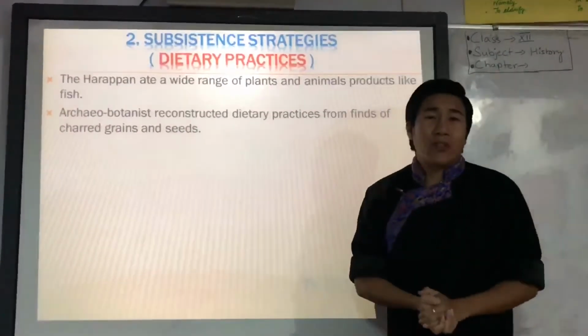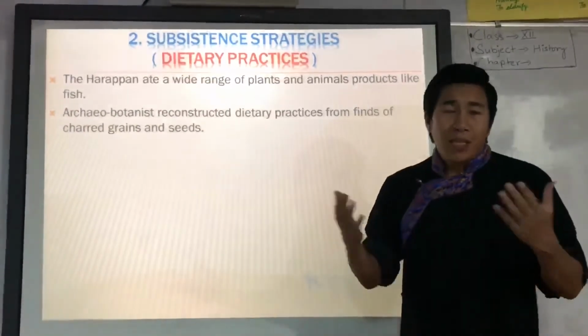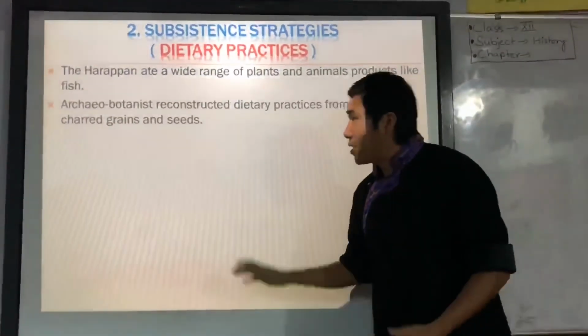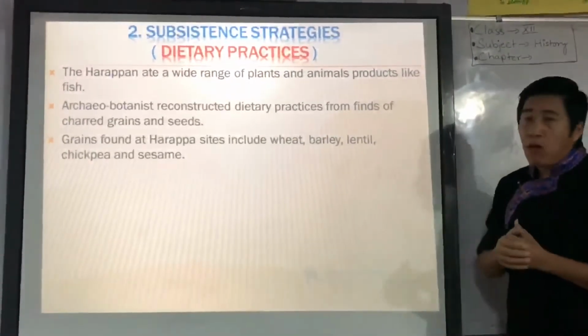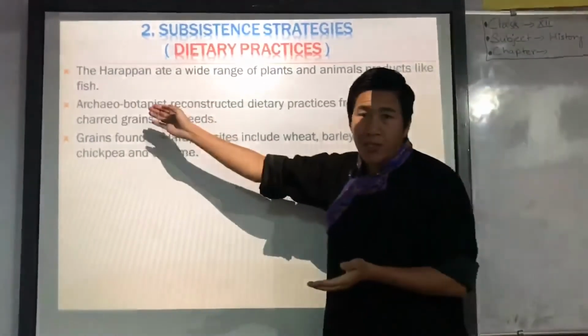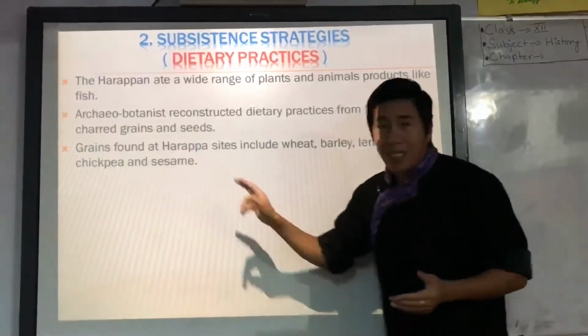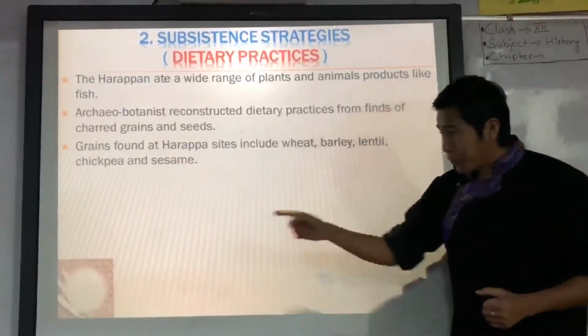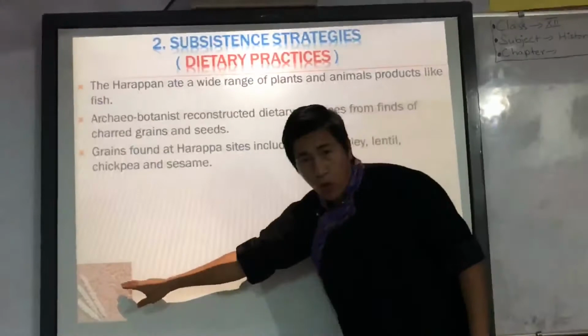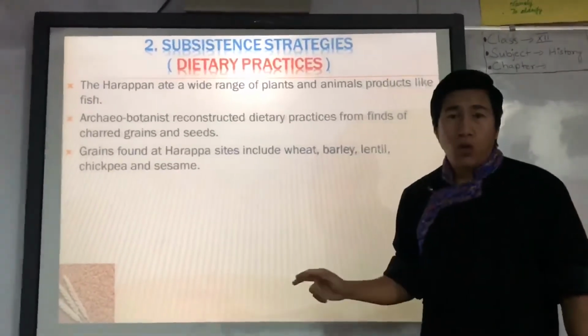So what are the different kinds of seed consumed by the Indus Valley civilization? These are the different kinds of grain found at Harappan sites with the help of archaeobotanists: wheat, barley, lentil, chickpea and sesame. Here, first, wheat, in our language we call it gehun.